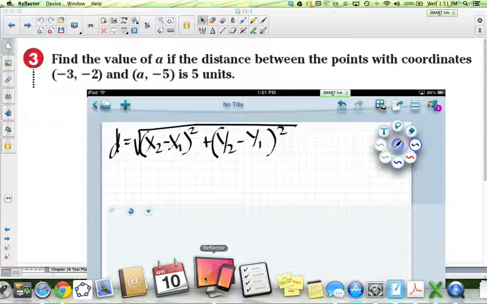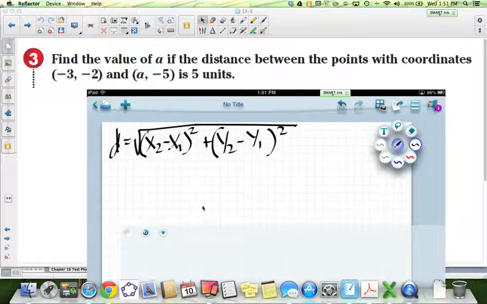The answer is no. It doesn't matter which you label x1, y1, x2, y2, for as long as you are consistent with your labeling.